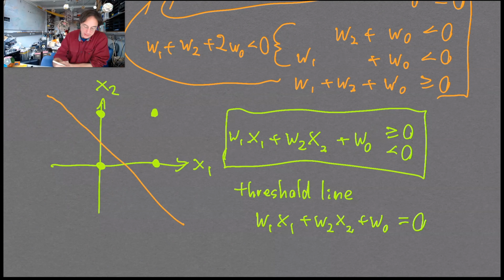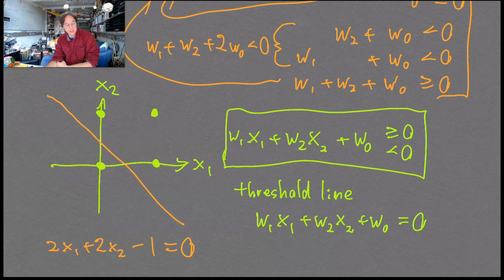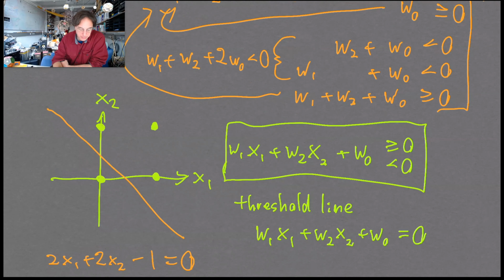So this would be, say, for the line 2x1 plus 2x2 minus 1 equals 0. It looks like about that line. So that's an example of a line corresponding to some particular values of the weights. And for other values of the weights, we would have a different line.